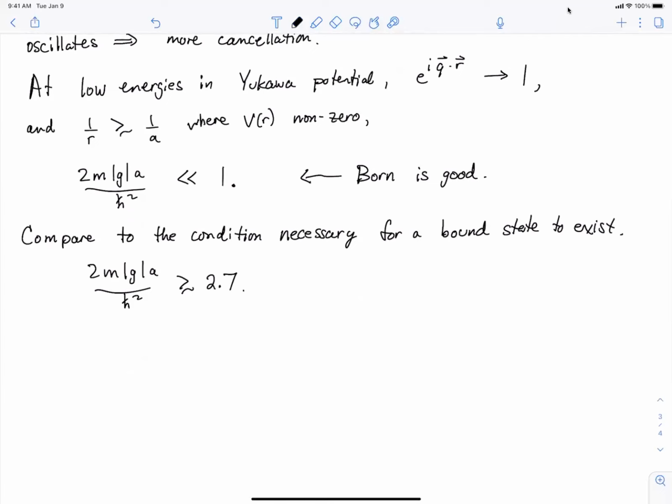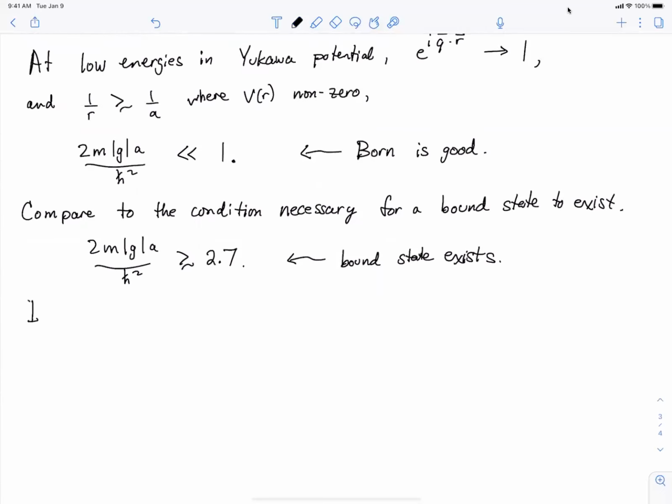And so you can see that the Born approximation being good is basically the complement of the bound state existence condition. Or another way of saying it is, if your potential is strong enough to have a bound state, then you shouldn't expect the Born approximation to work at low energies.